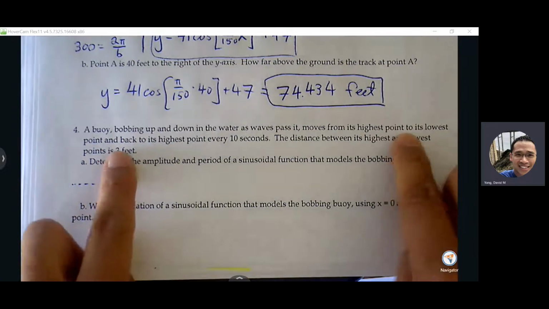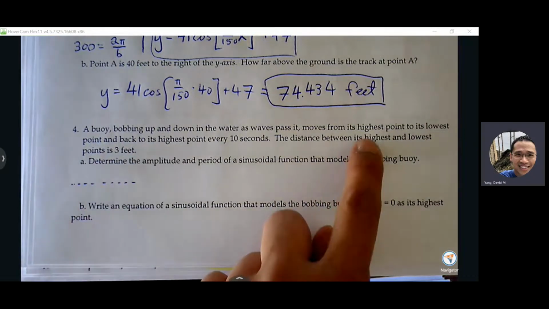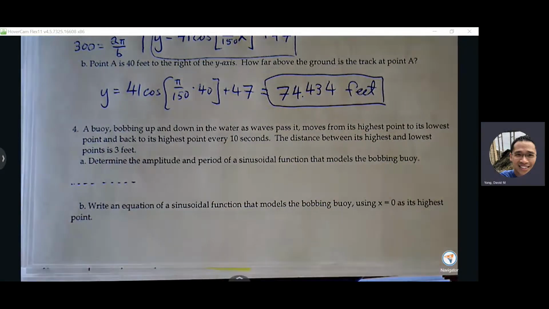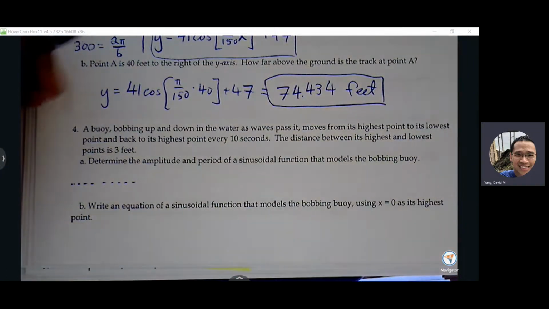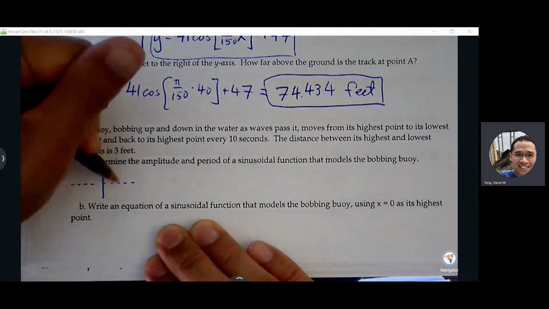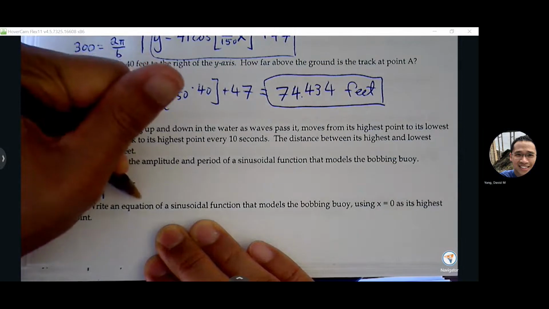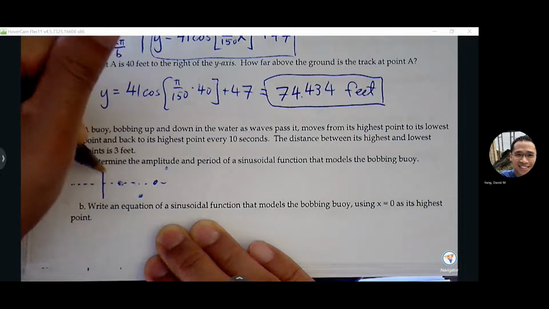So what is this describing here? In terms of either sine or cosine. Highest to lowest and back to the highest. That's cosine, right? So it kind of makes sense for us to think in terms of cosine. So peak, midline, minimum, midline, peak.